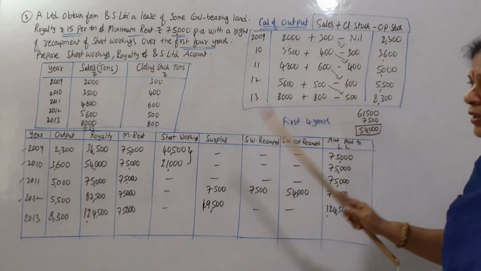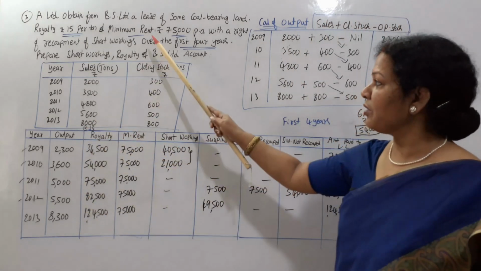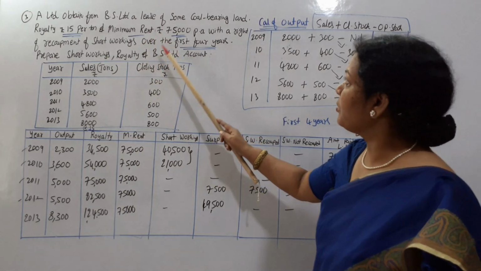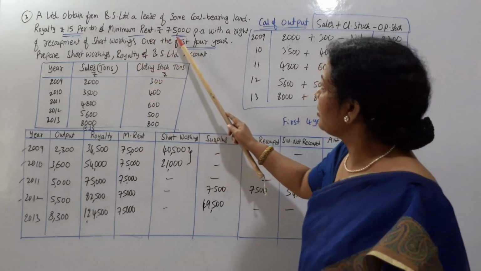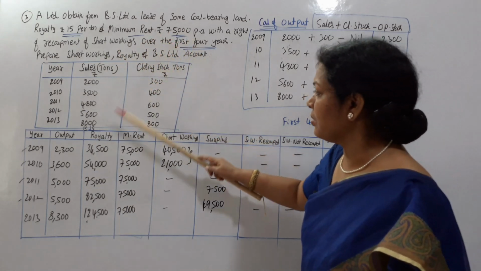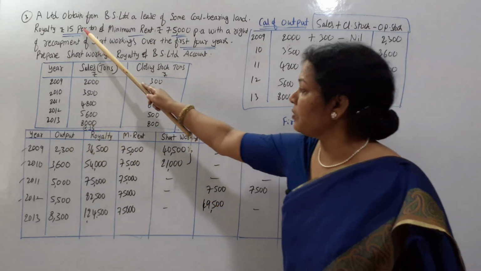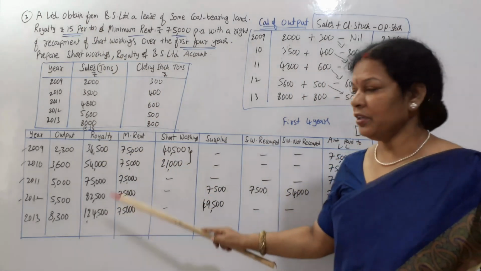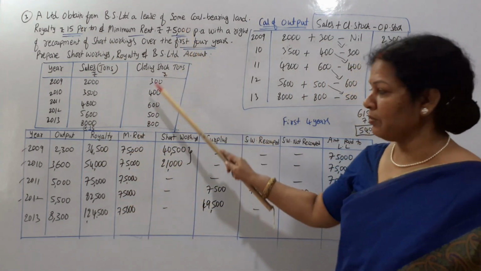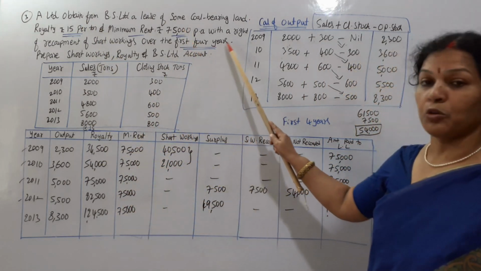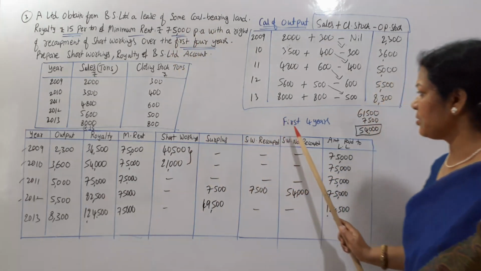Once you get the output, royalty is already given. How much is the royalty? 75. Royalty we have to calculate at the rate of 15 rupees, this into 15 rupees. So you got the royalty. Minimum rent is already given, 75,000, and recoupment of short workings in the first 4 years.